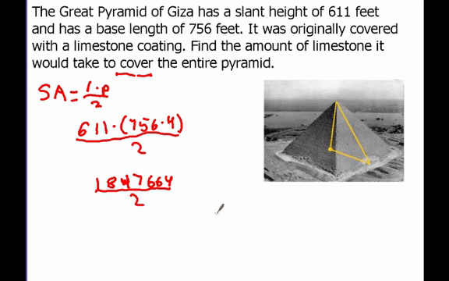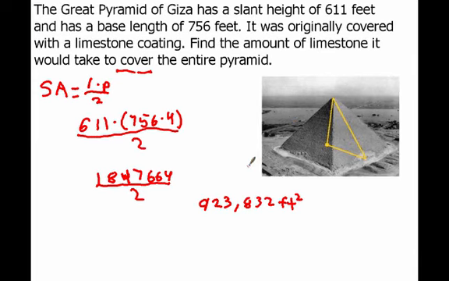Do our division there, and we get 923,832 square feet of limestone is what would be necessary to cover the entire Great Pyramid with a limestone coating. So now we have covered finding the volume and surface area of pyramids and cones.